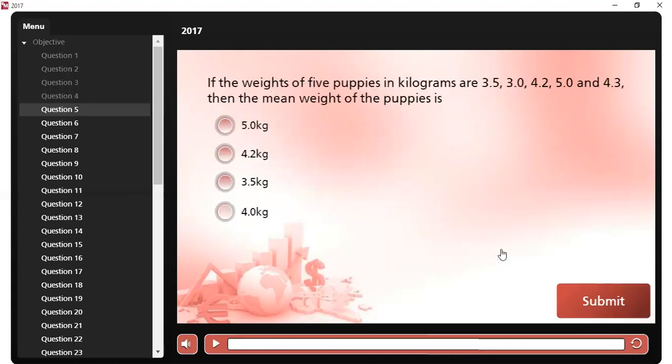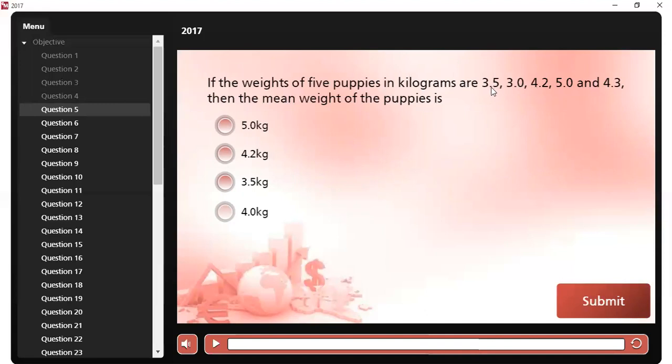Question 5. If the weights of 5 puppies in kilograms are 3.5, 3.0, 4.2, 5.0, and 4.3, then the mean weight of the puppies is what? Another word or synonym for mean is average. To calculate average, we need to sum the numbers involved and divide through by how many they are.